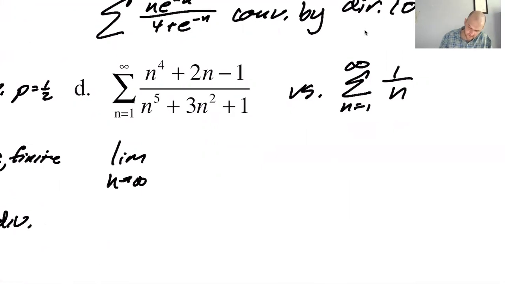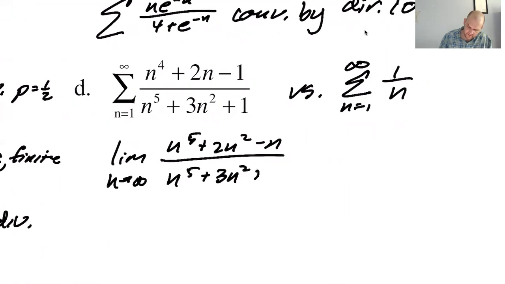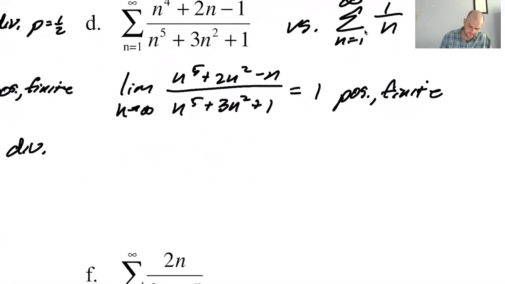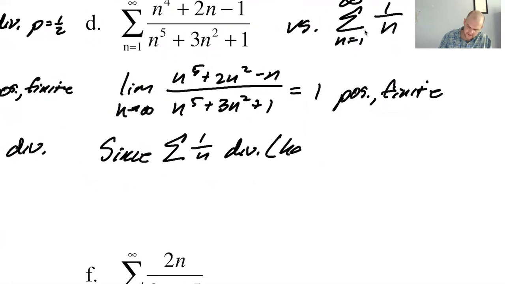You know what? I'm going to skip a bunch of steps. I'm going to do the multiplication also. You get n to the 5th plus 2n squared minus n to the 5th plus 3n squared. It's almost like you feel bad over time for the non-dominant terms because they don't do anything. You just end up disregarding them. Positive finite. So since 1 over n diverges, it's harmonic, or you could say it's p equals 1, which is easier to spell than harmonic.